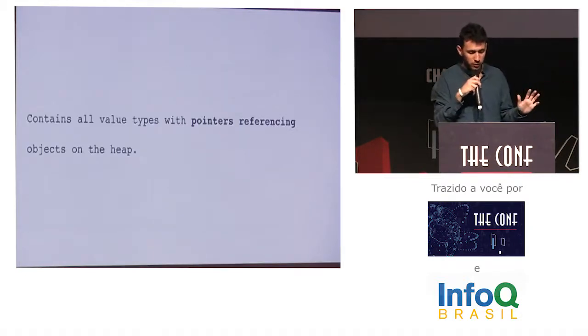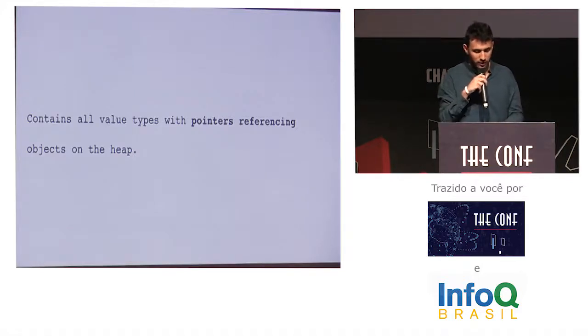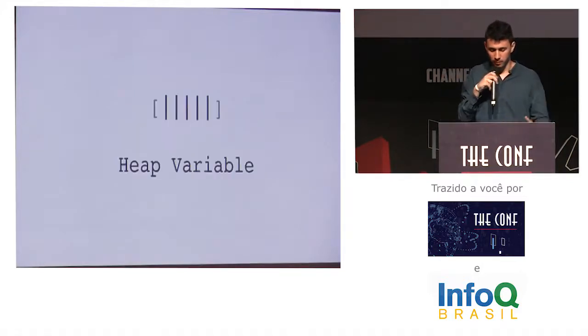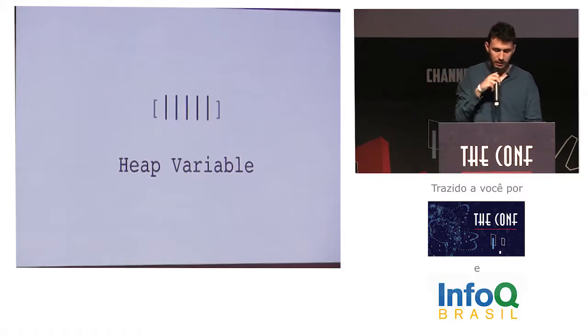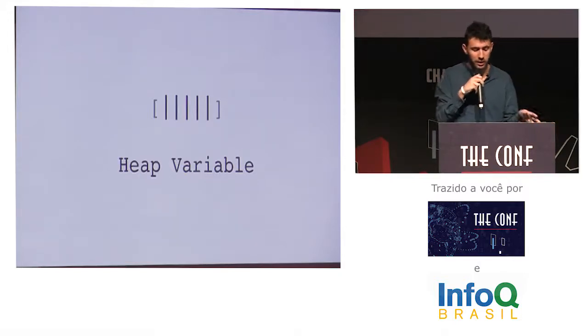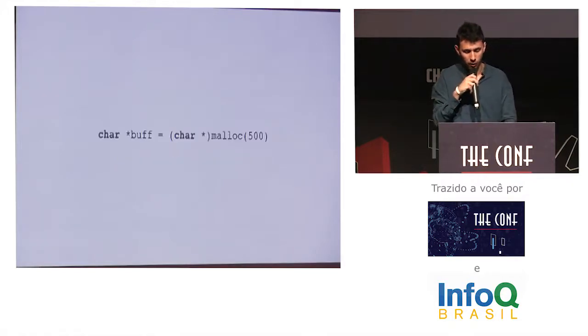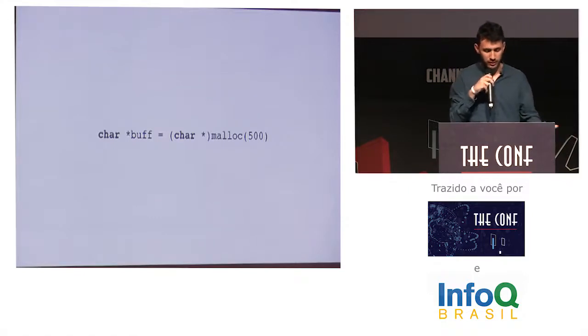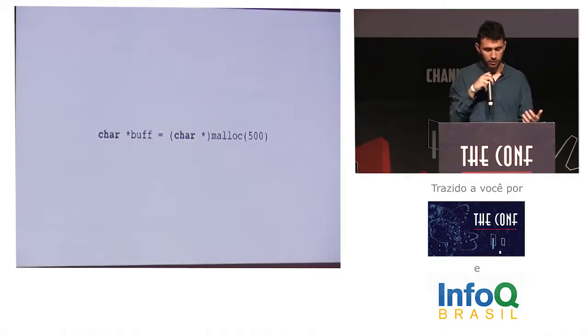So resuming, the stack contains all value types with pointers referencing objects on the heap. We have another type too: the heap variable. This type of allocation is dynamic, so it needs to be allocated and deallocated at runtime. This case creates 500 chars in the heap and points a stack pointer to them.